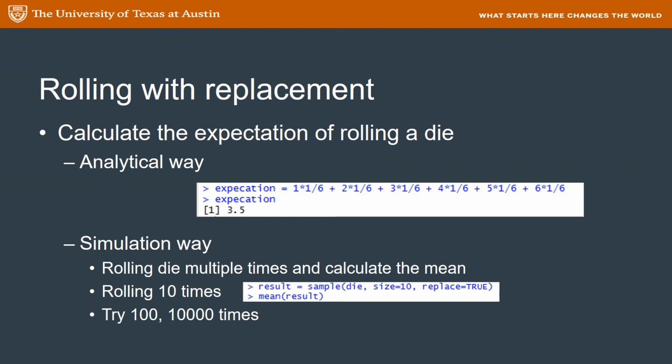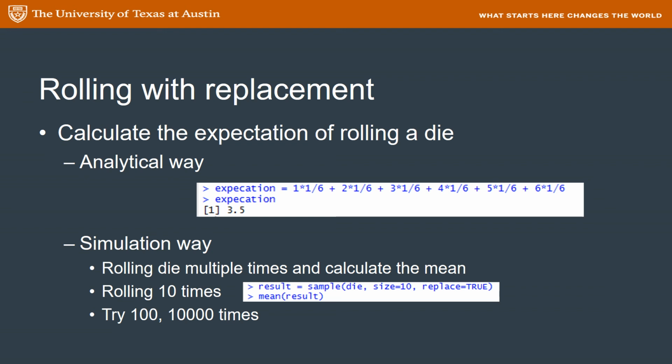So rolling a die, you have 6 numbers. They all have equal probability, so each of them is 1 over 6, and you do 1 times 1 over 6 plus 2 times 1 over 6 and so on, looping through all 6, and you get a value which is 3.5.